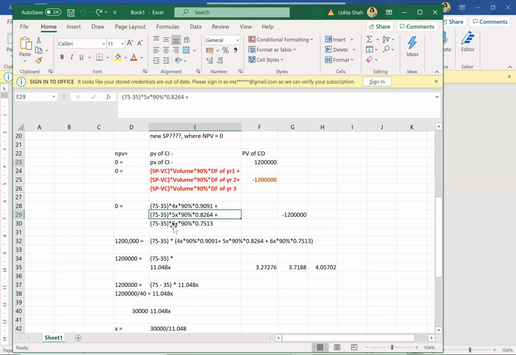And instead of 60,000, I'll take 6x. 90% is for PAT. Discounting factors are 0.9091, 0.8264, and 0.7513. So 75 minus 35 is common, and 4x into 90% into 0.9091 plus 5x into 90% into 0.8264 plus 6x into 90% into 0.7513 gives me 11.048x.